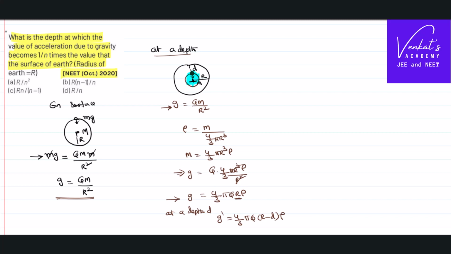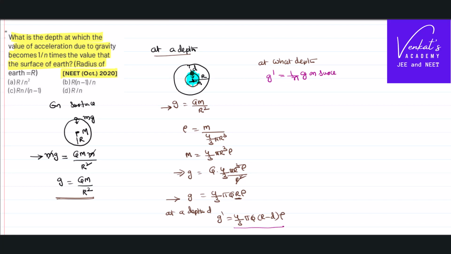It is given, the question is, at what depth the acceleration due to gravity is 1 by nth of the value g on the surface.